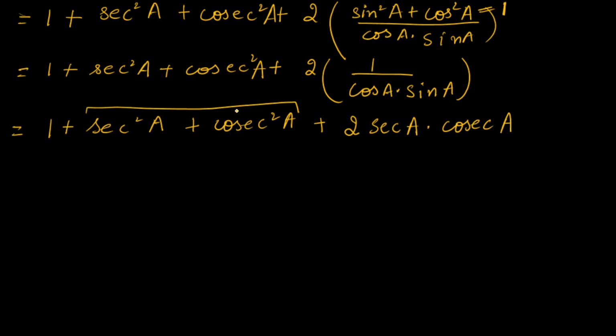See, part by part we solved this question. Two parts we got. Now we have to work on this part, because we don't need it in plus form. We need it in multiplicative form.